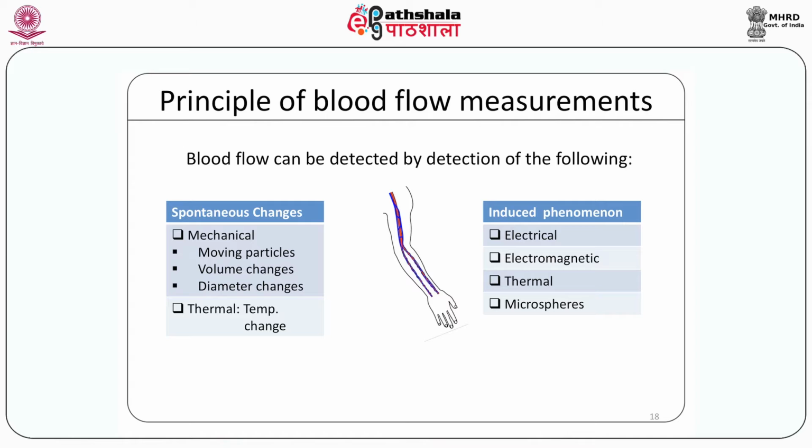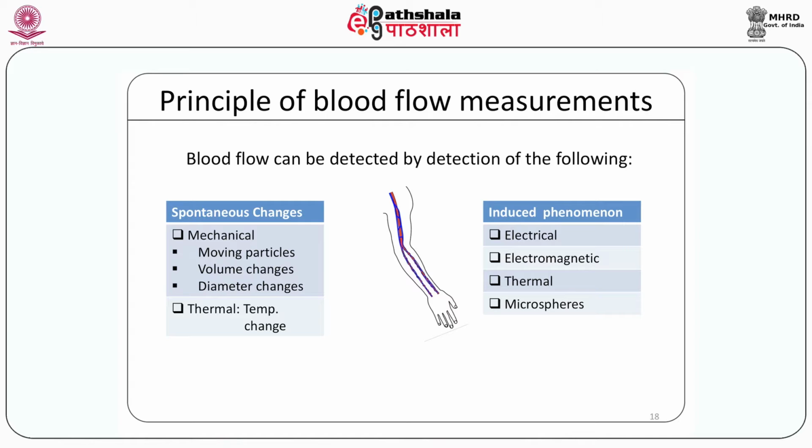Further, at times, especially in the peripheries, the blood flow causes change in temperature. The blood flow also causes change in oxygen content, amount of oxyhemoglobin, and certain metabolic changes. All this can be detected by different sensors, and this provides a measure of blood flow.